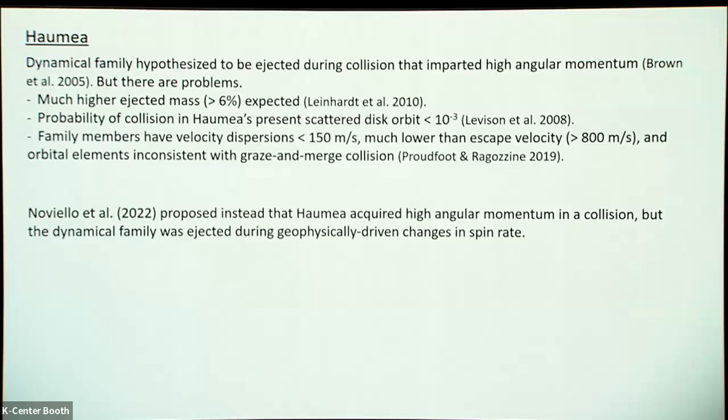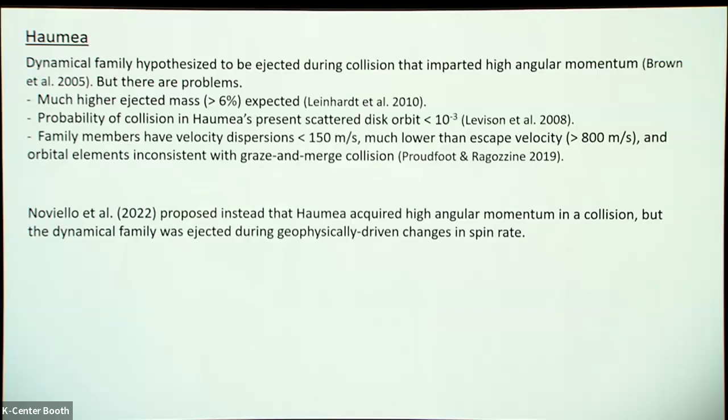You expect way more than 6% actually. You expect the family members to have velocity dispersions from the mean of the dynamical family that exceed the escape velocity of something like 800 meters per second, yet they all pretty much are under 150 meters per second.